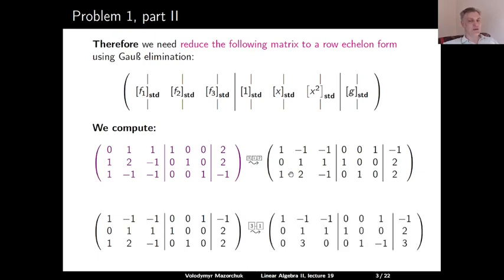So we subtract row 1 from row 3. Rows 1 and 2 remain the same, and row 3 becomes 1 minus 1 is 0, 2 minus minus 1 is 3, minus 1 minus minus 1 is 0, 0 minus 0 is 0, 1 minus 0 is 1, 0 minus 1 is minus 1, 2 minus minus 1 is 3.